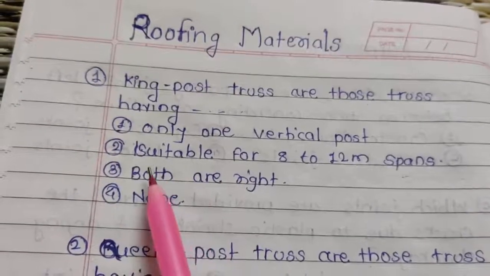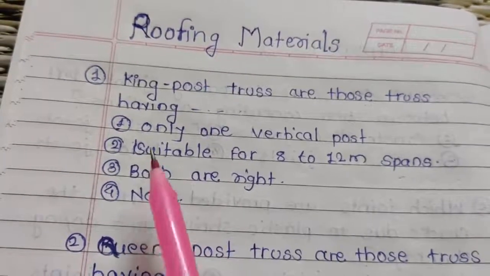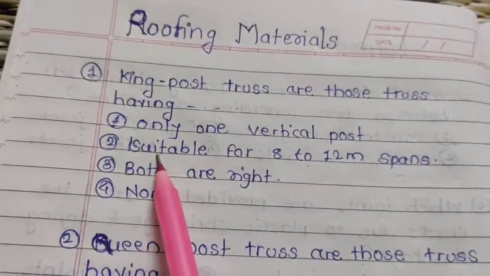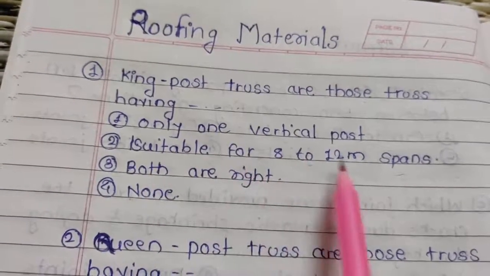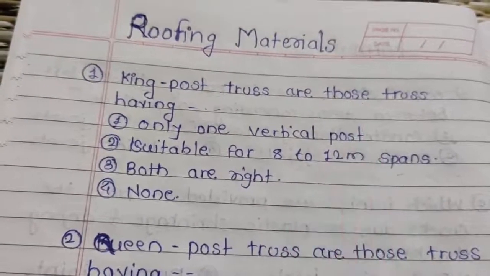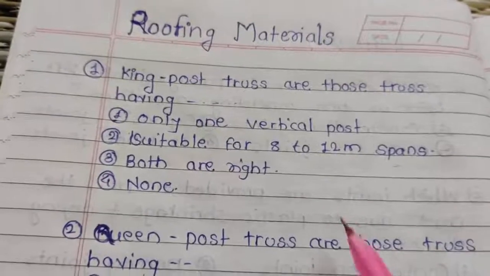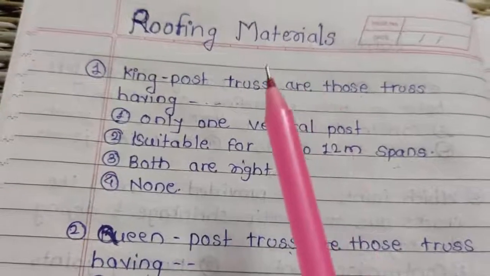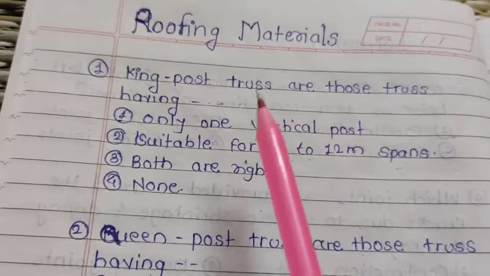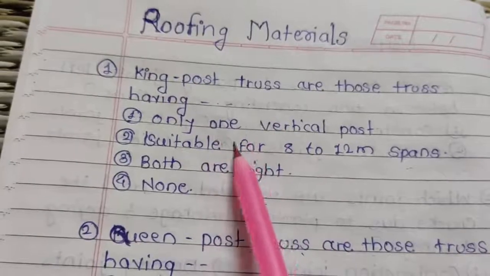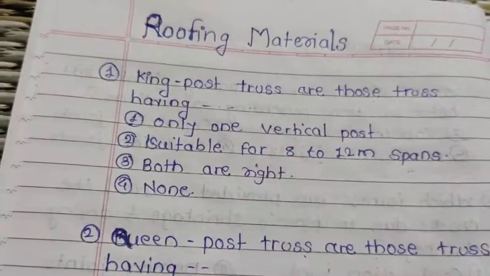Answer is only one vertical post, because suitable for 8 to 12 meter spans is a property of a queen post truss. King post truss is suitable up to 8 meter and having only one vertical post.